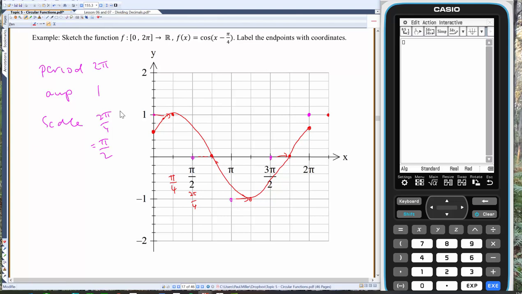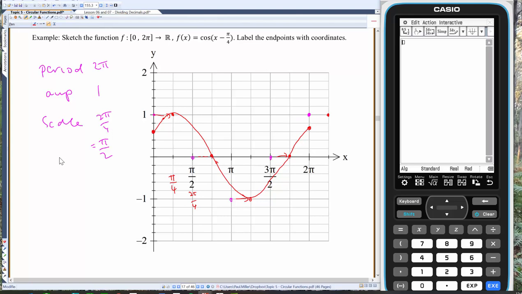All right, so what are we going to include? Well, now we have to include a y-intercept, and we have to include this endpoint here. We've got to include the max and mins as usual and the x-intercepts, but they're no trouble. So that's a problem and that's a problem. I wouldn't have a clue what the intercepts are.